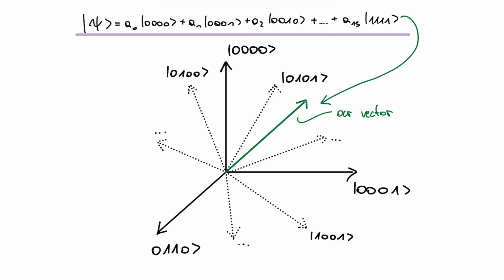At the top, I've written our state vector. This state vector consists of 16 basis states, ranging from 0, 0, 0, 0 to 1, 1, 1, 1. Each basis state has a certain amplitude, meaning a certain contribution to the total state. The green vector I've drawn represents our state vector, which lies somewhere inside the Hilbert space and combines all the basis states with their respective amplitudes.